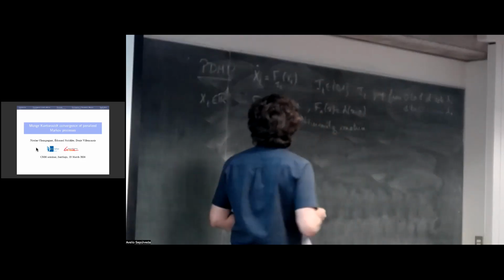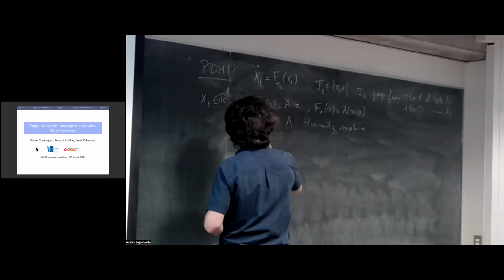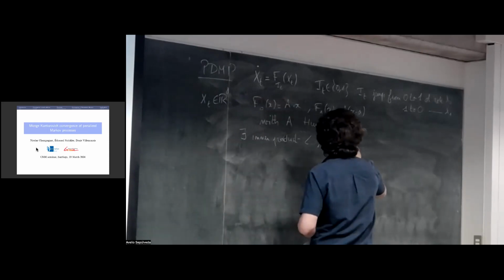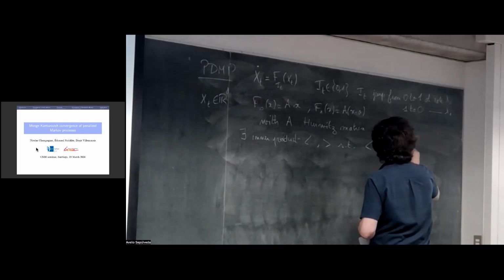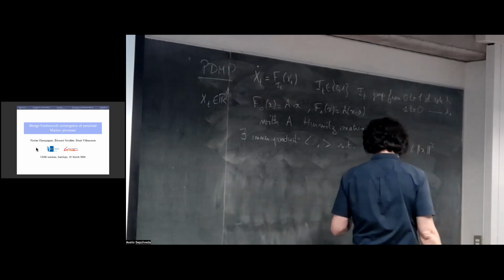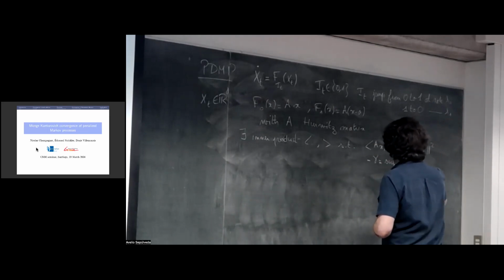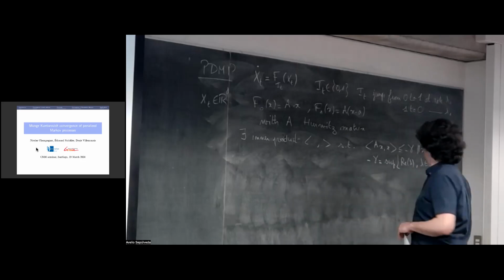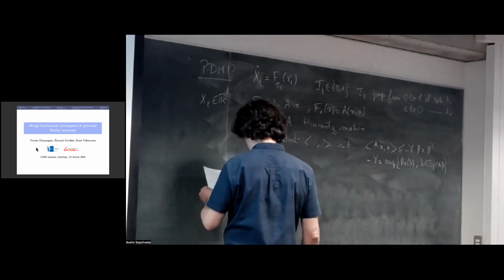And so in this case, it's known that there exists an inner product such that this quantity is less than this one, where minus gamma here is the supremum of the real parts of eigenvalues of the matrix A. Okay, and so in this case, it's quite easy to see that the two vector fields are contracting in the following sense.